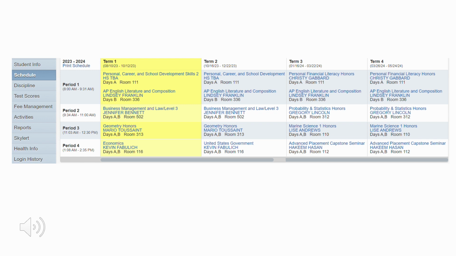So when they come back to school in January, Monday through Friday, during that second period time, they're going to be going to Probability and Statistics Honors. Then we go to third period, and again, looking at term 1 and term 2, both days A and B, they're going to have Geometry Honors with Mr. Toussaint.